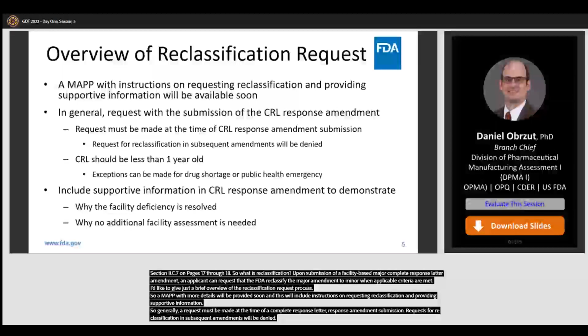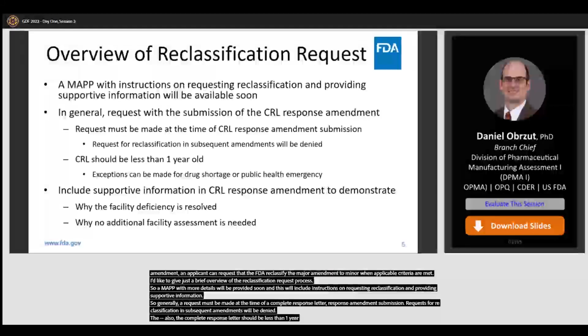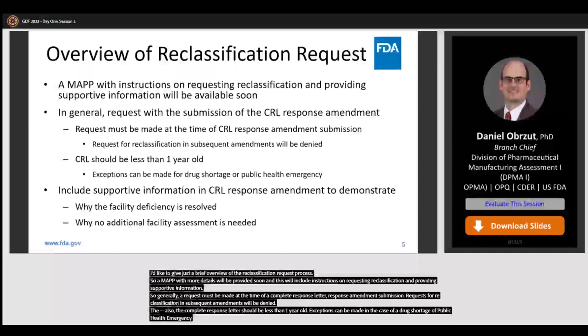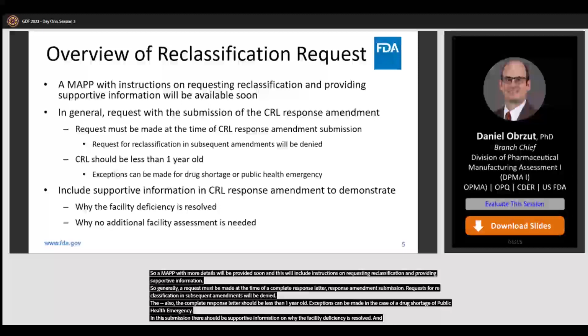Also, the complete response letter should be less than 1 year old. Exceptions can be made in the case of a drug shortage or public health emergency. In this submission, there should be supportive information on why the facility deficiency is resolved and why no additional facility assessment is needed.